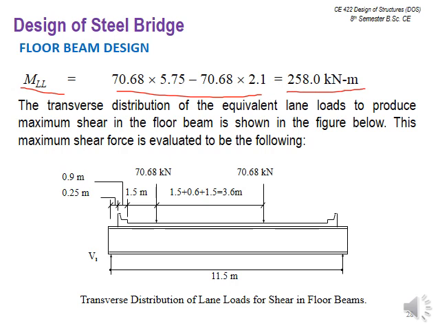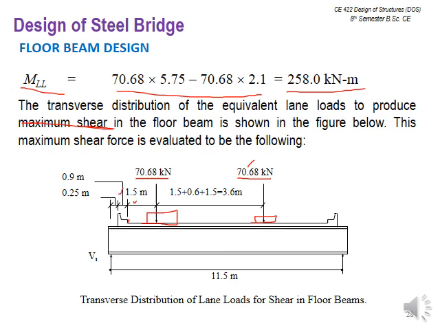Similarly, the transverse distribution of the equivalent lane load to produce the maximum shear. This is the case when you are applying it for shear. So the lane load is this one. I have told you this block is not important; your point of concentrated load is important. The lane load is now converted into a point load, W equivalent, for the lane load 70.68 and 70.68 similarly. That has to be provided from the edge of the curb at 1.5 meters.